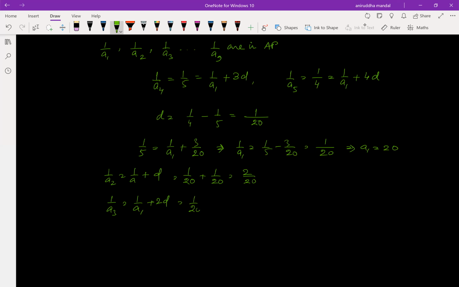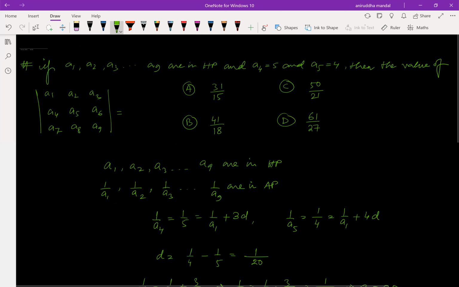So that is 1 by 20 plus 2 by 20, which is 3 by 20, and so on. So for any expression, AR can be written as 20 by R, where R equal to 1, 2, 3 up to 9. Now this information we will use later.